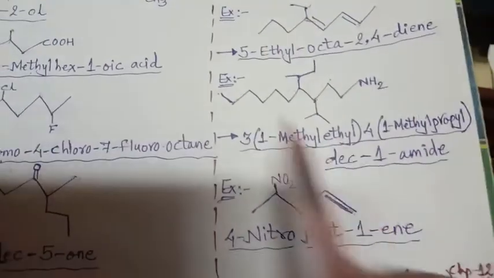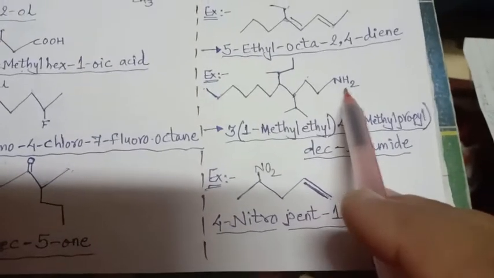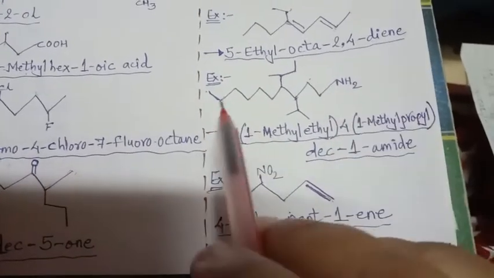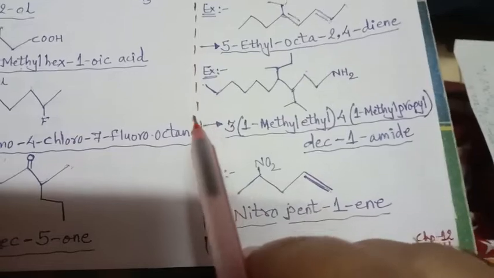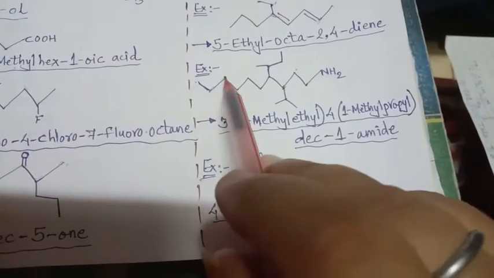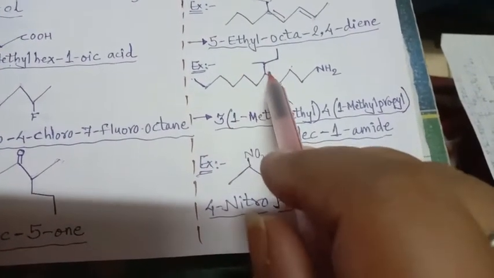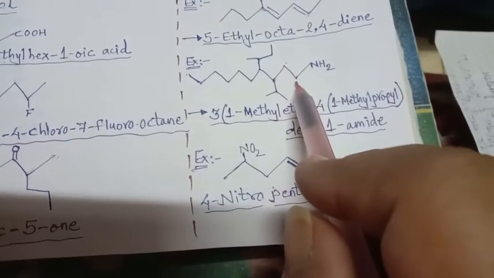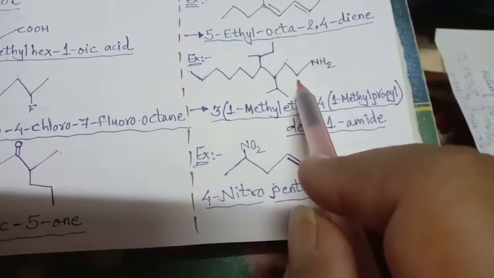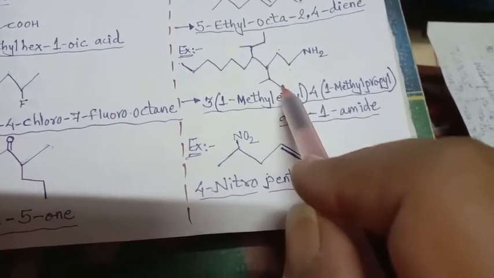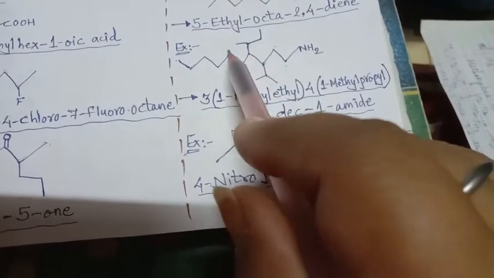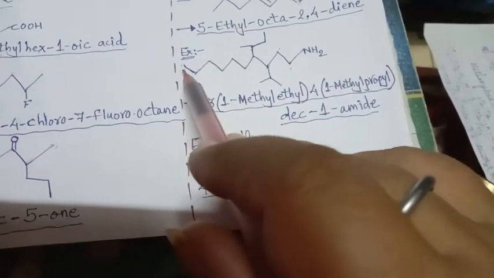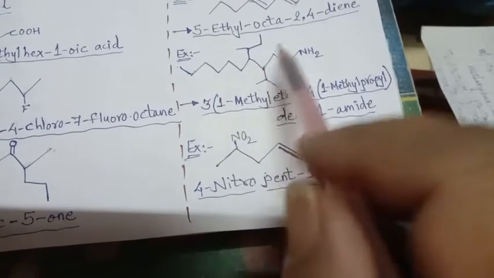Now pay attention, little longer. Let us continuously see where is the longest chain. 1, 2, 3, 4, 5, 6, 7, 8, 9, 10. Okay, so this is the 10 decane. Here if we'll start 1, 2, 3, 4, 5, 6, 7, 8, 9, 10. It is also 10.